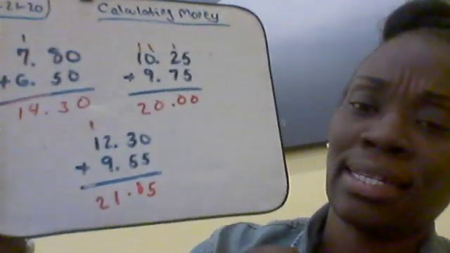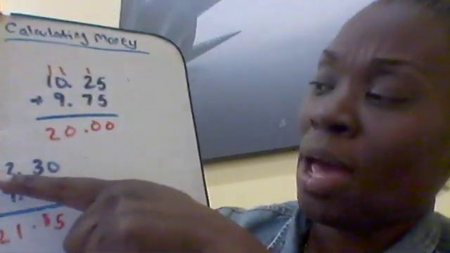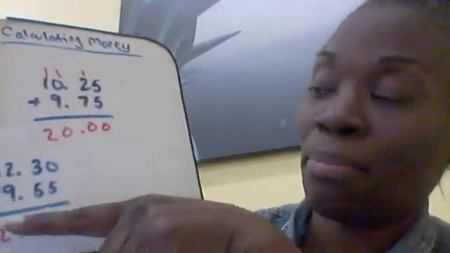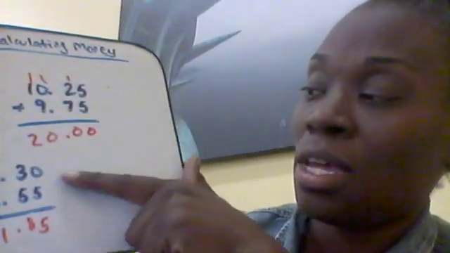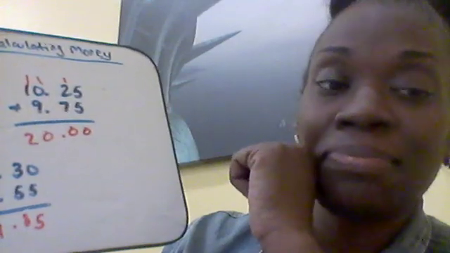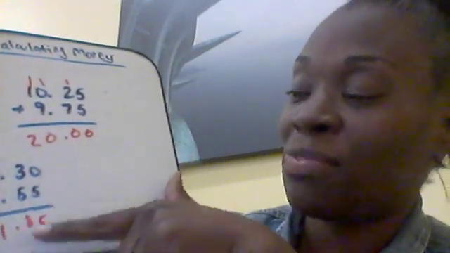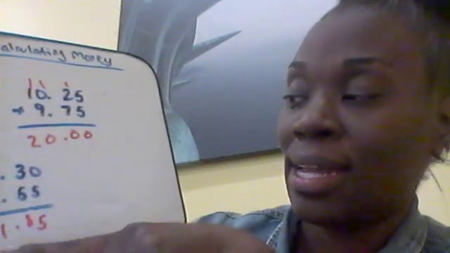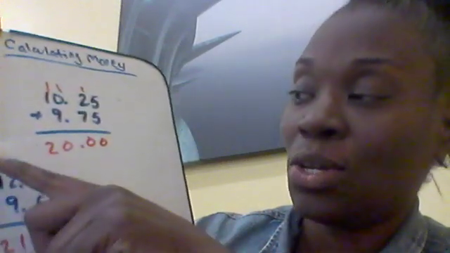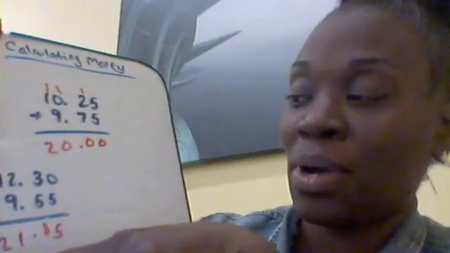Okay, let's look at the next one. You have $12.30 plus $9.55. Okay, 0 plus 5 is what? 5. 3 plus 5 is what? 8. 2 plus 9 is 11. You carry the 1. 1 plus 1 is 2.